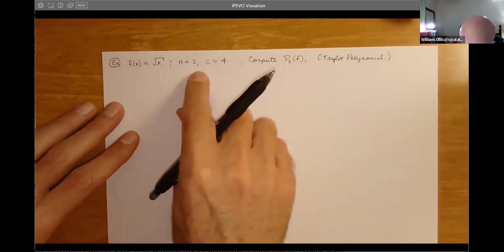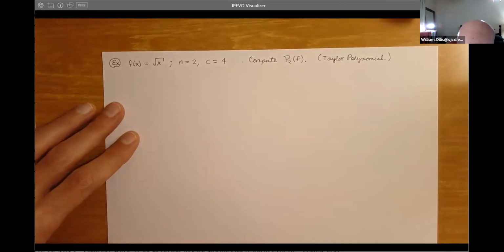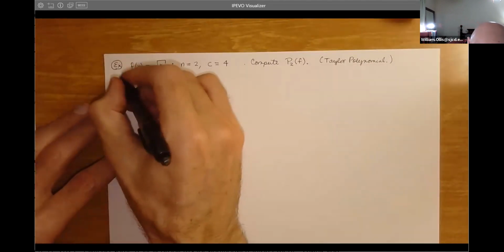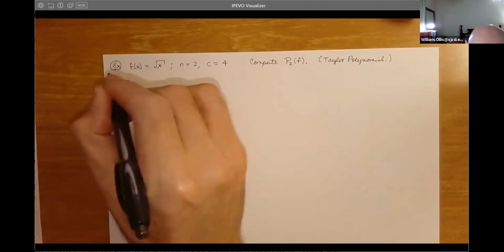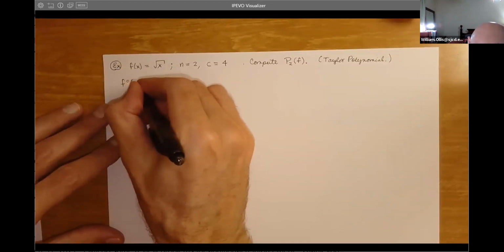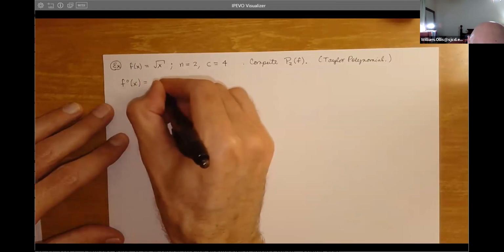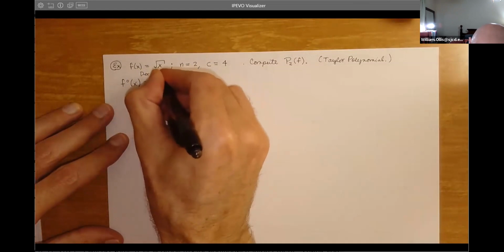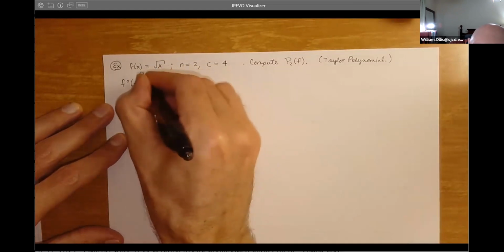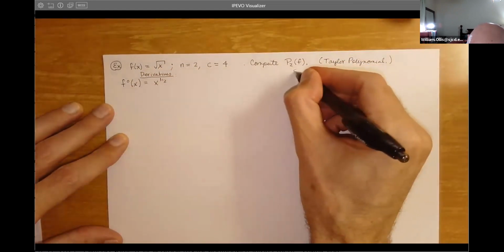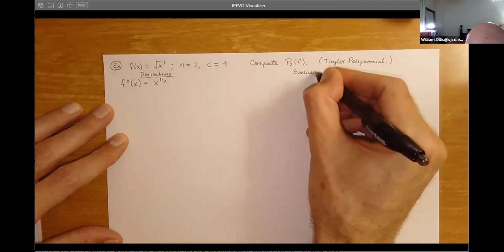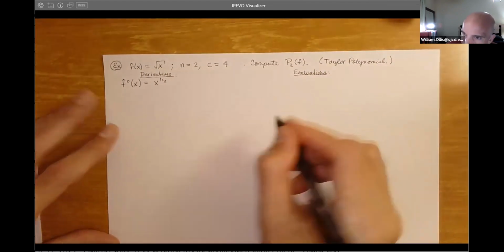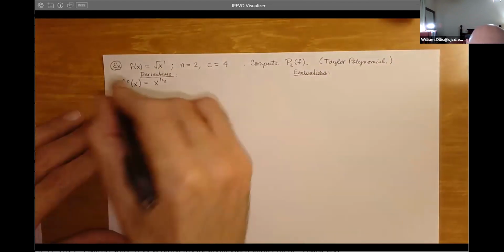So now we're going to do through order 2 derivatives, and we're going to construct just like we did the last time. So let's go ahead and write the first function, that is no derivative, f0 is x to the 1/2. So we're going to compute derivatives. And then we're going to do evaluations. You can make a nice chart, but this is fine. It just spreads things out a little bit.